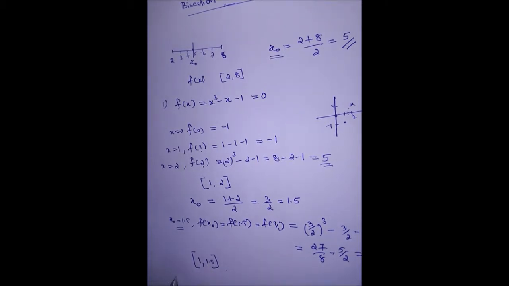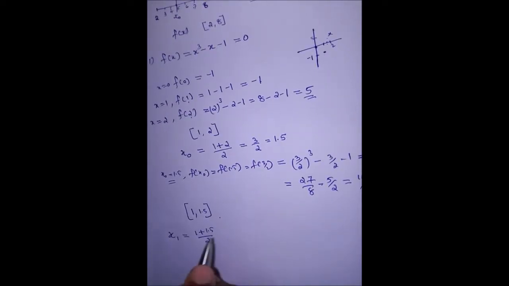Then the next root we can write as x1, which is equal to 1 plus 1.5 by 2, which is equal to 1.25. Then we will find f of x1.